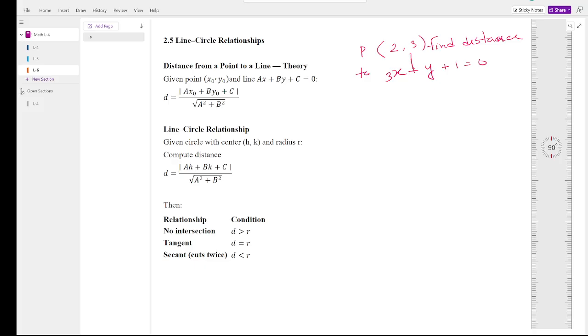We need to find the distance from this point to this line.